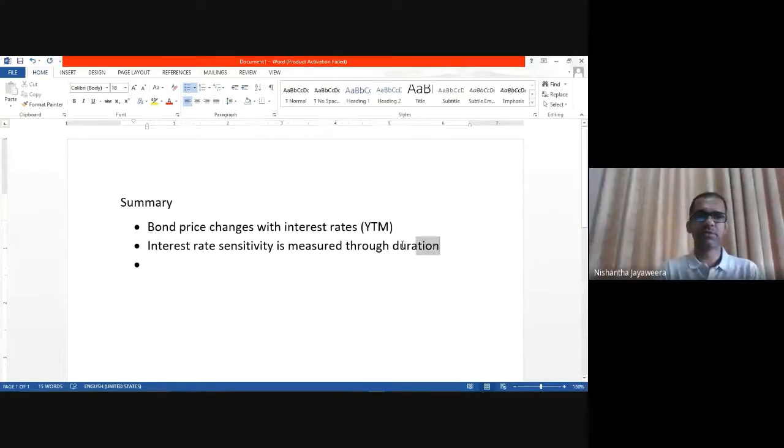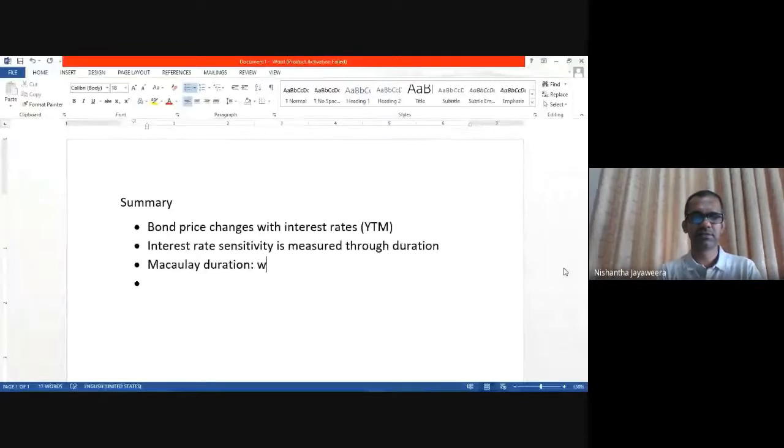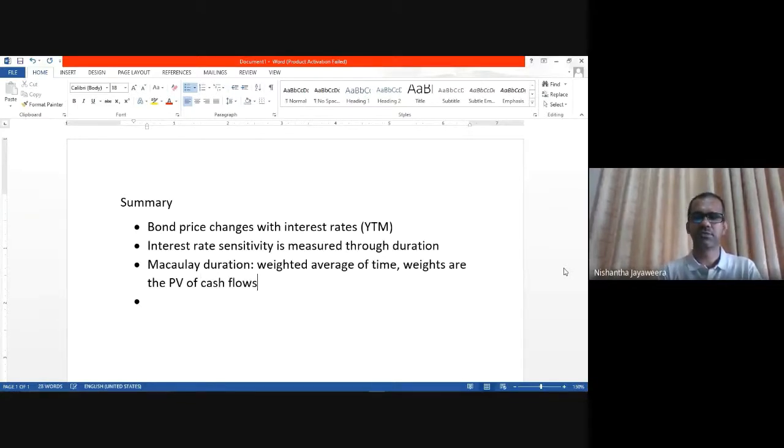So, Macaulay duration. What is the Macaulay duration? It is the weighted average of time. Weights are the present value of cash flows.